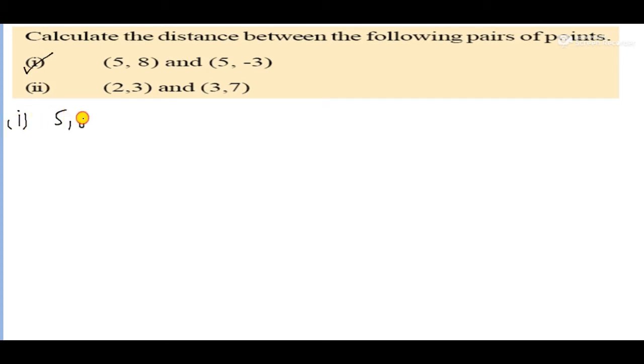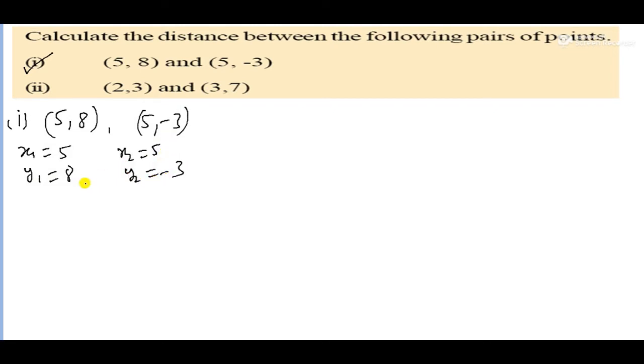So first of all I want to tell you the first question. For the first question it is (5, 8) and (5, minus 3). As you know, x1 is 5 and y1 is 8.